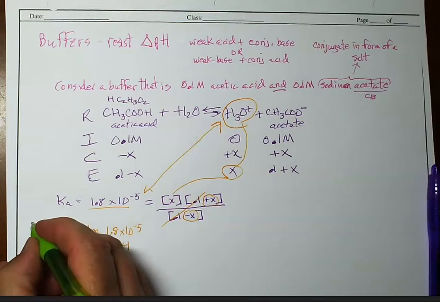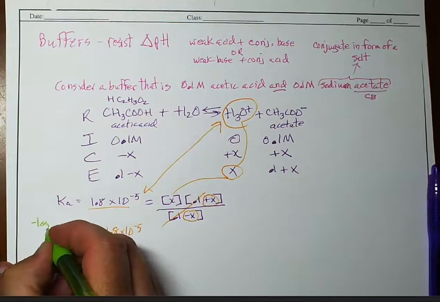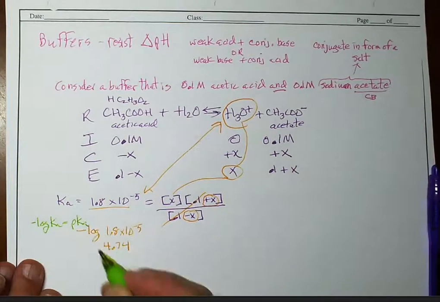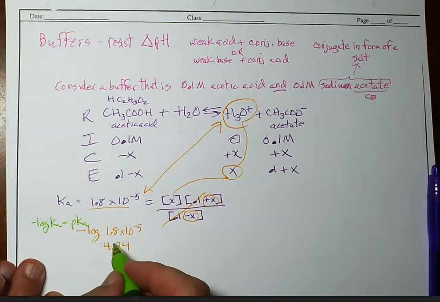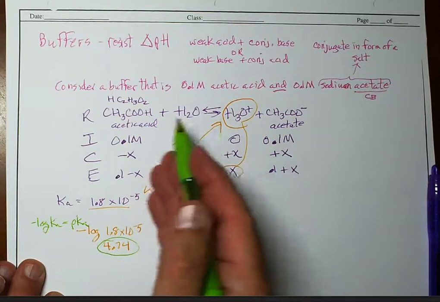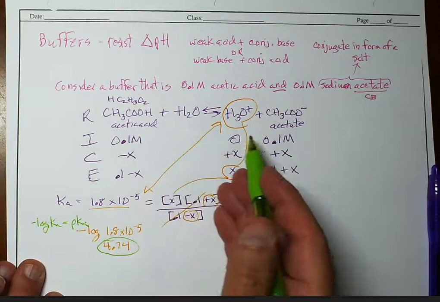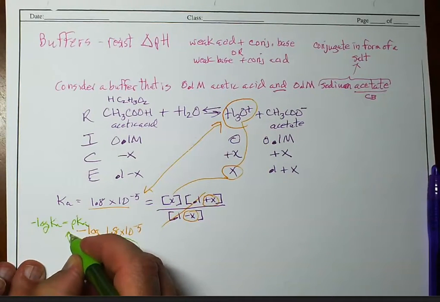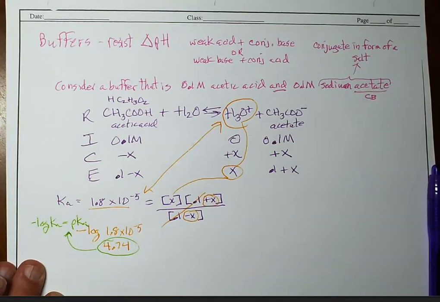And the negative log of Ka is called pKa. So 4.74 is not only the pH of this particular example. 4.74 is also the pKa of acetic acid.